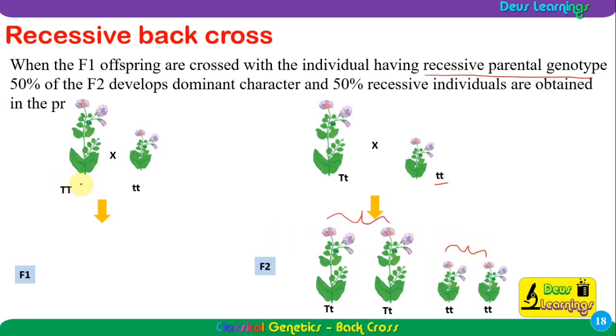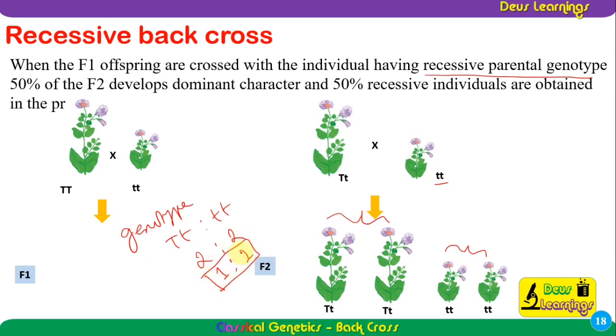What will the genotype be? The genotype will be 1:1. If we take capital T small t versus small t small t, there are 2 and 2, that is 1:1 ratio.